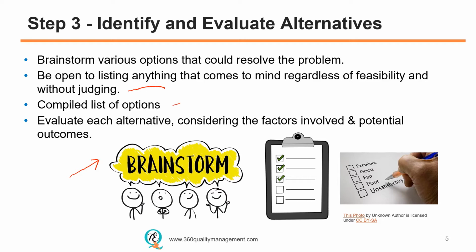Once we come up with the list of options, every option has to be evaluated to check whether it can be done realistically and what is the impact of the potential outcome, because we do not want to implement an action plan that solves a problem but creates another problem.